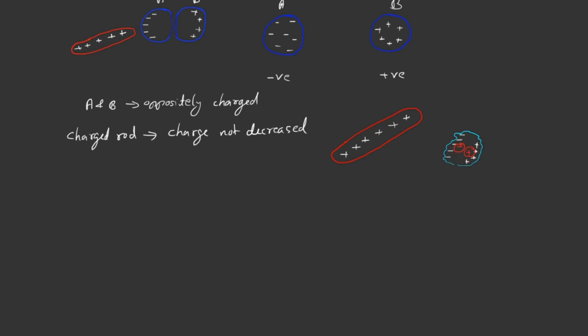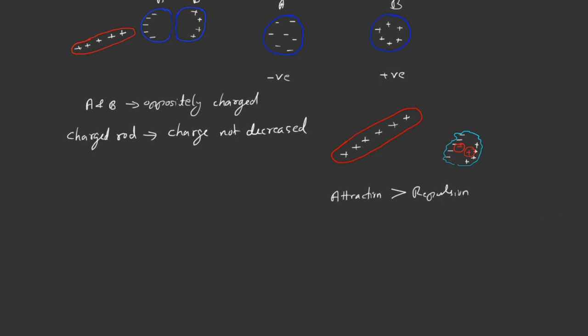The force is more if the charges are placed close to each other and less if the charges are placed far from each other. So the force between positive and negative will be more here than the force between positive and positive. So the force of attraction here is more than the force of repulsion.